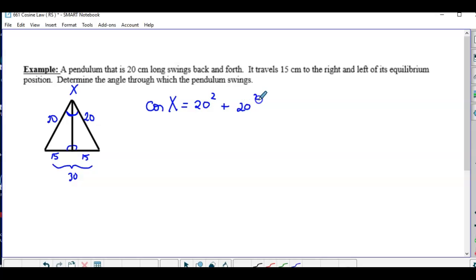So 20 squared plus 20 squared minus 2 times 20 times 20 cos of... okay, so 20 squared plus 20 squared minus the side opposite, which is 30 squared, all over 2 times 20 times 20.